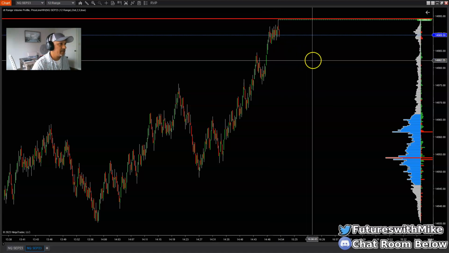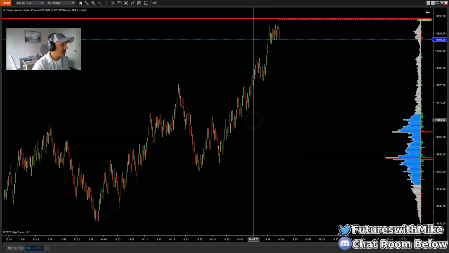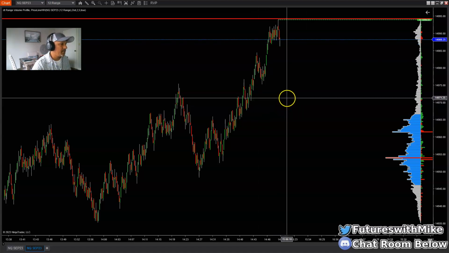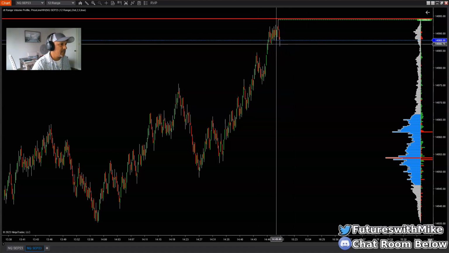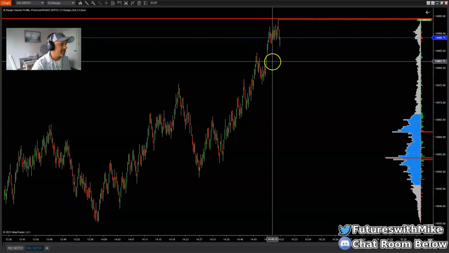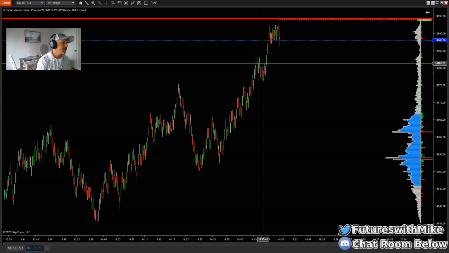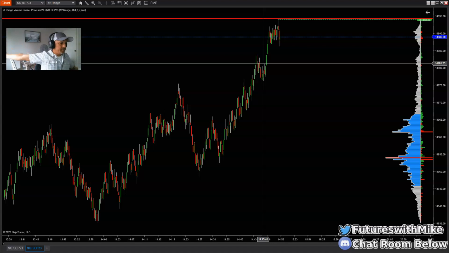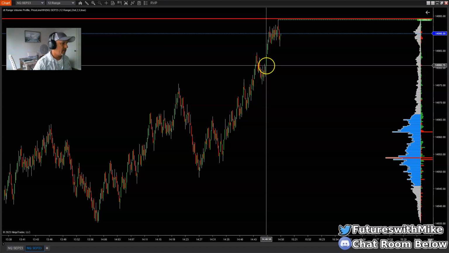Got in early, so that's okay. We don't win them all. I took out a break even there because I knew it was going to test this area here, but I just don't know if it's going to come back down to this zone here. So it's okay. We'll wait.